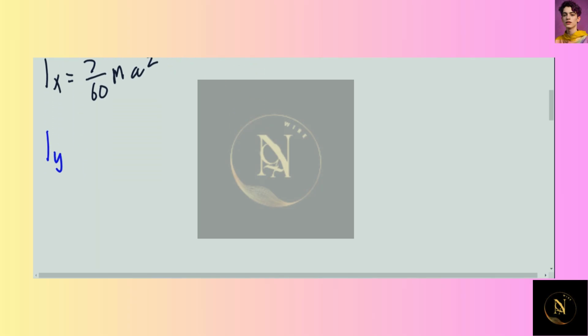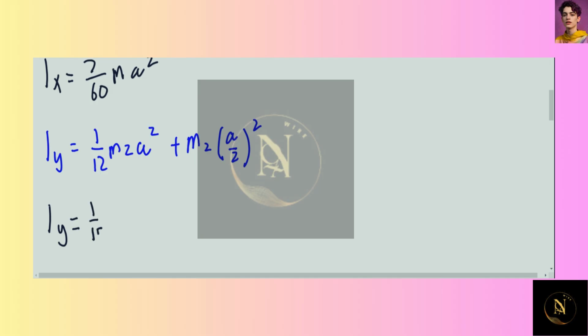For the y component, that's going to be 1 over 12 times m2 times a squared plus m2 times a over 2 squared. And plugging in m2 and simplifying down, it's going to be 1 over 15 times m times a squared.